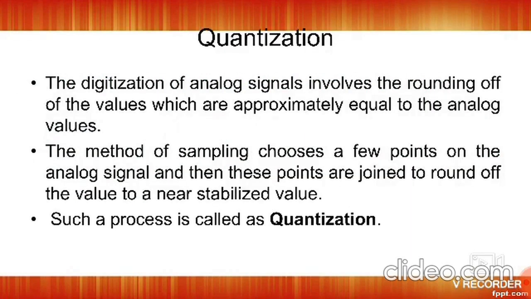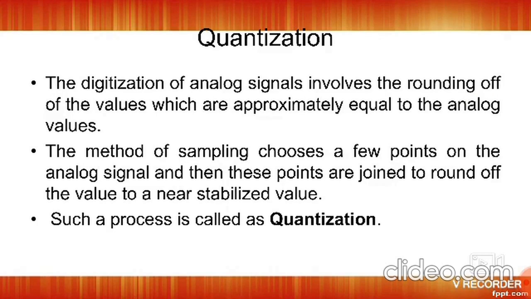Initially, quantization means the digitization of analog signals, which involves rounding of the values to approximately equal the analog values. The analog signal, already discretized in time, is given as the input of the quantizer.